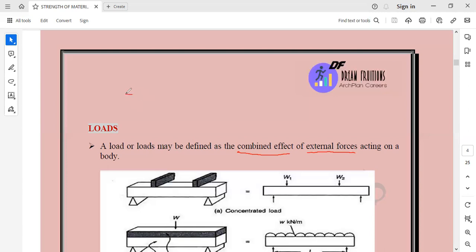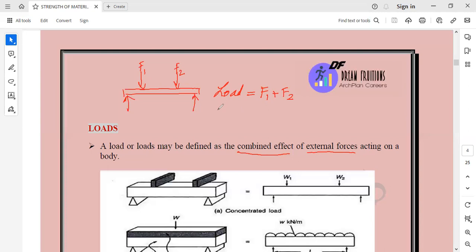Suppose this is a body and it is experiencing two forces, F1 and F2. So the load over this body will be the sum of all the forces that are acting on this body.